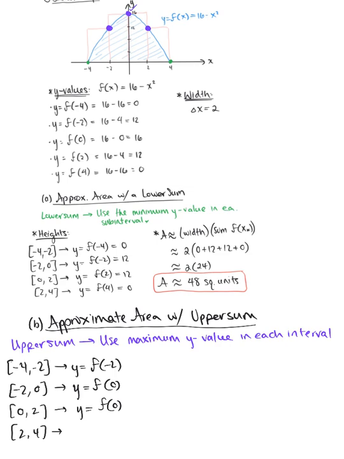And it's 2. All right, so we know that f of -2 is 12, f of 0 is 16, f of 0 is again 16, and then f of 2 is 12. So again, these are the heights for the upper sum.